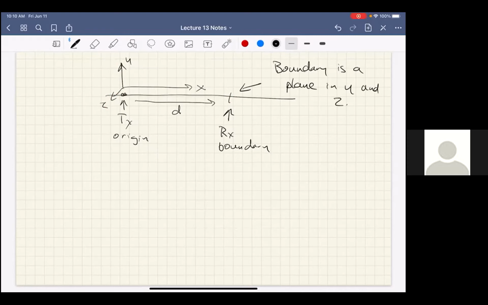If I try to draw this in 3 dimensions, I might not succeed, but here would be the origin. The transmitter is still here, and the receiver will still be located d away, but it has to be located d away in every dimension. So in other words, this will be an infinite plane.